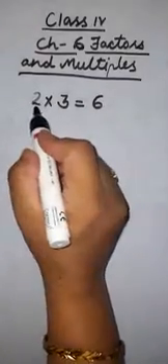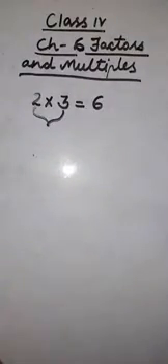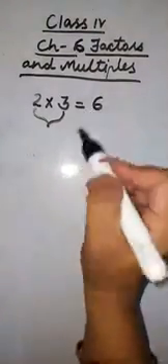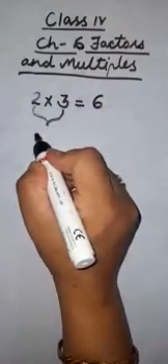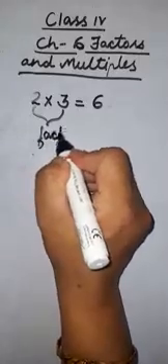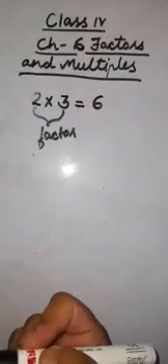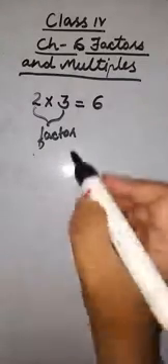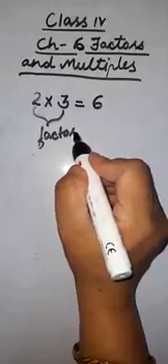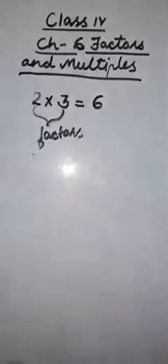So these two numbers are the factors of the product. Is it clear, children? Okay, so we can say that factors are the numbers you multiply to get another number. Okay? So factors are the numbers you multiply.